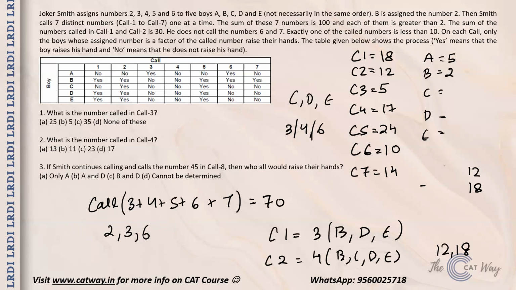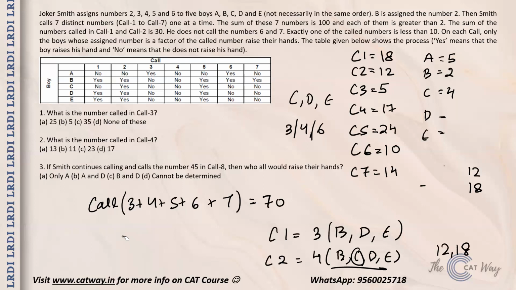Whereas for C2, it was 12, and the hand would be raised by 2, 3, 4, and 6. Now, one person who is extra in C2 is C, and definitely that person must be given the value of 4. So now we know that the person who was C has been assigned number 4.